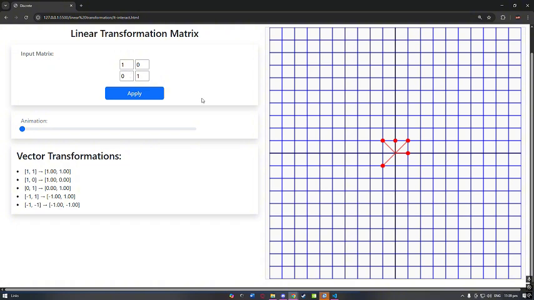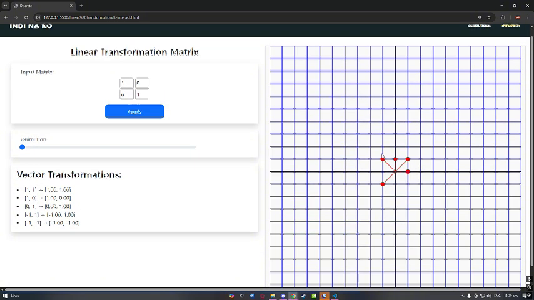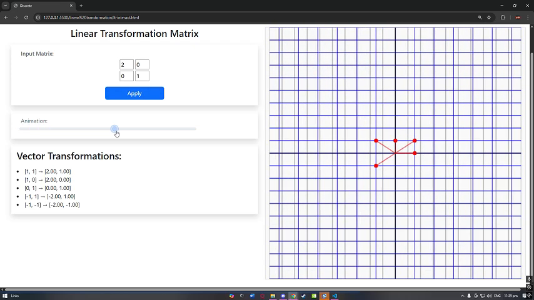For example, we have 5 vectors over here: our 1, 1 vector, our 1, 0, our 0, 1, -1, stuff like that. We have our input matrix here, with which we can manipulate this Cartesian plane, and we can skew, rotate, and mirror or flip our vectors. For example, if we increase this number over here, our vectors will scale up twice, just like so.